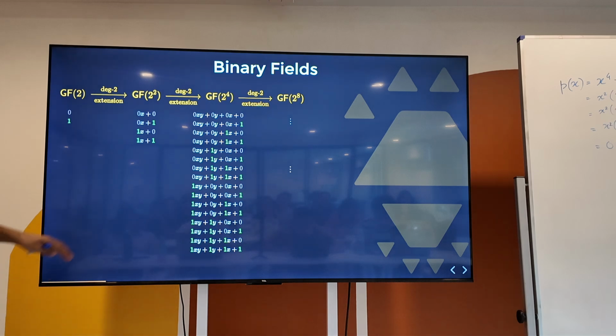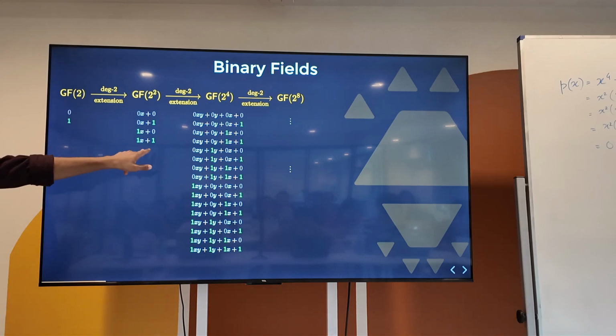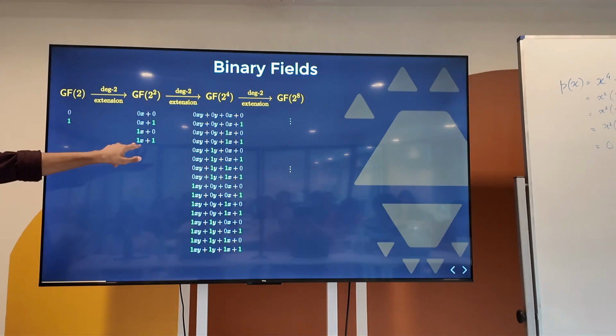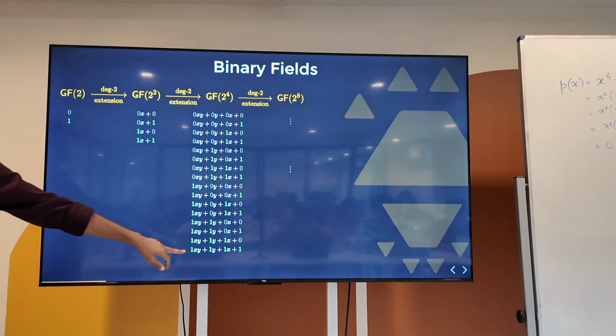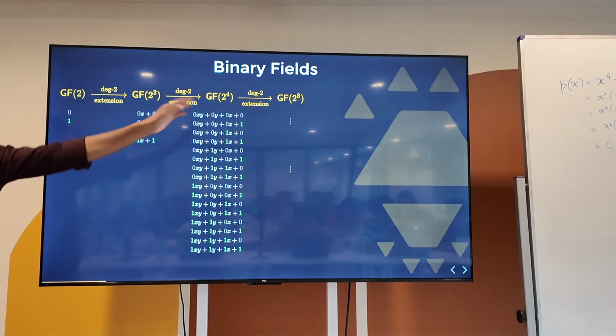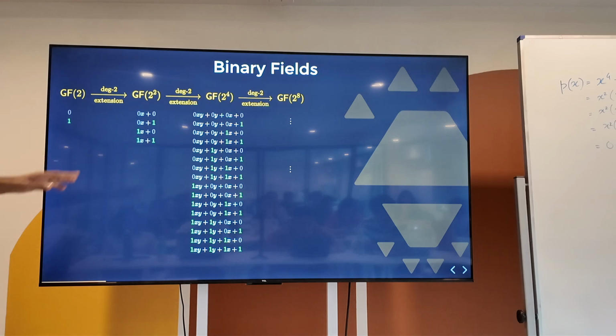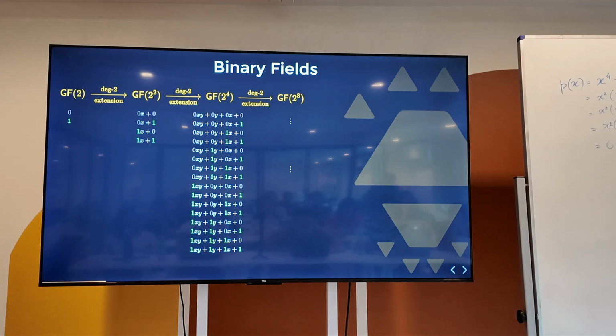What's important is that in this you have 2 elements from the binary field. This is a 2-bit number. This becomes a 4-bit number. GF2 to the power 8 will become a 16-bit number, and this will carry on. So if you take a tower of height 7 or 8, you will get a 128 bit number.